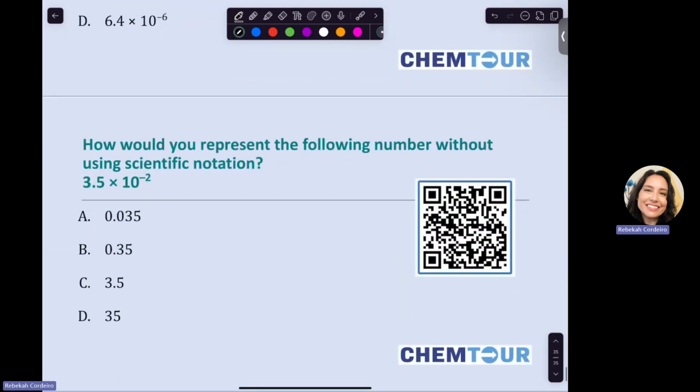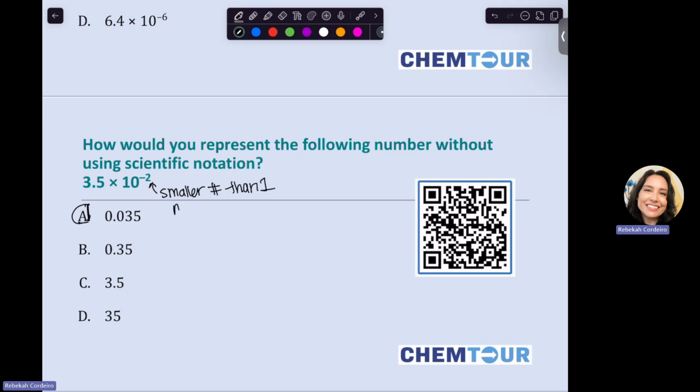And then let's do scientific notation back into regular notation. So go ahead and pause and try this one. The answer is A. If you didn't get it, hang out with me. If you got it, good work. So this is smaller than 1. Smaller number than 1. So we need to make this number smaller.